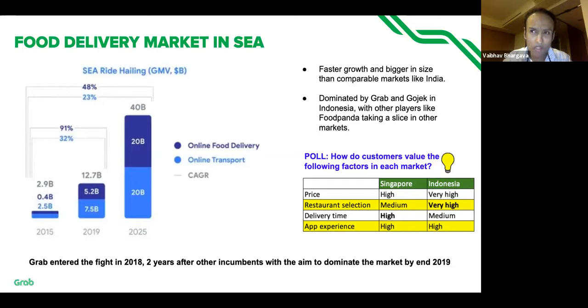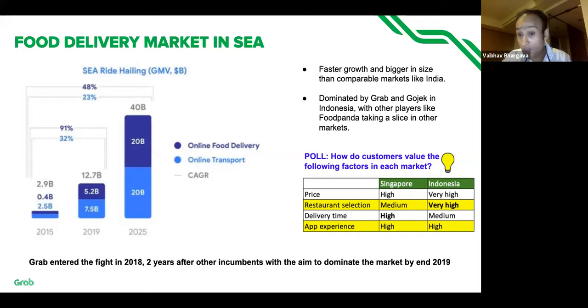In fact, if my estimate is correct, it's probably half or something. And it's growing tremendously. So these estimates were taken in 2019, 18. I believe that the estimates for 2025 will have to increase because of the impact of COVID-19, which has actually amplified the scale of food delivery a lot more in the market.